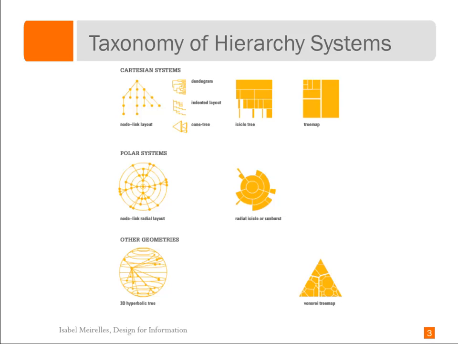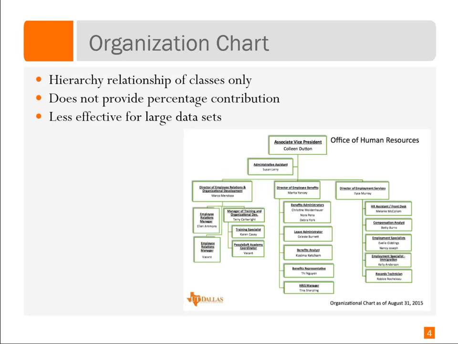And so let's dig a little deeper into some of these that have ready applications for business. The example of the node-link layout, we know very well as an organization chart. So we have a hierarchy relationship of classes only. As an example, we have our HR vice president here at UT Dallas.